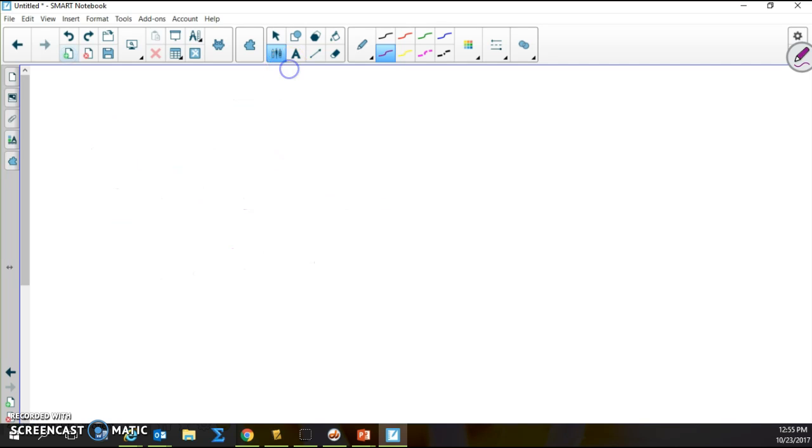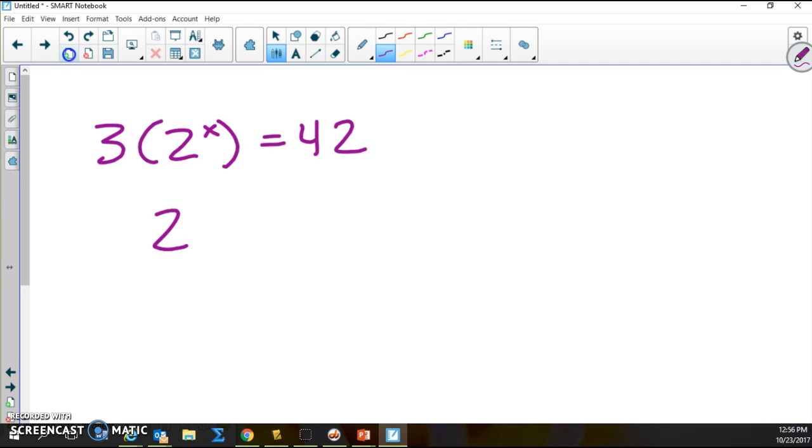Part B says we're going to take 3 times 2 to the x and figure out what x has to be in order for that whole thing to equal 42. Well, we're going to isolate the exponent part. We're going to divide both sides by 3. So 2 to the x is equal to 14. And now we have our exponential function, 2 to the x.